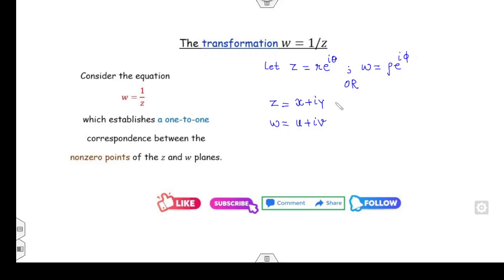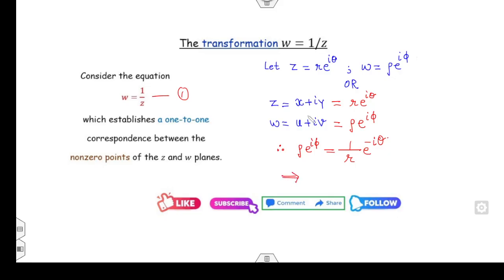Then we all know we can write the Cartesian coordinates in polar form. So if I substitute this value in equation number 1, what will happen? w is equal to 1 over r e raised to power minus i theta.